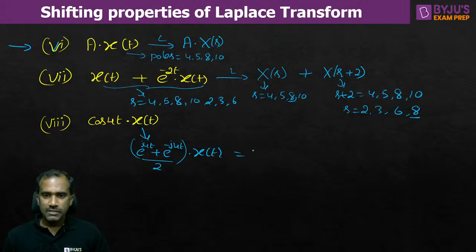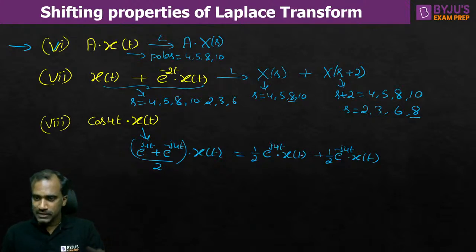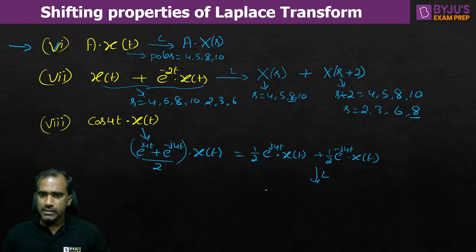Now let us divide this function into two parts: half into e power j4t into x of t, plus half into e power minus j4t into x of t. Now let us find the Laplace transform. In this format it's easy, because we know the property involved here. The Laplace transform of x of t is x of s.